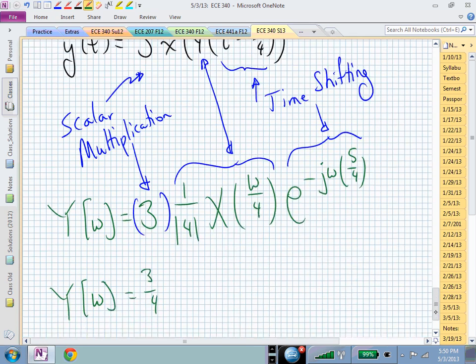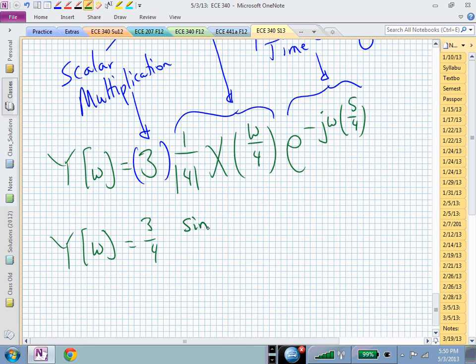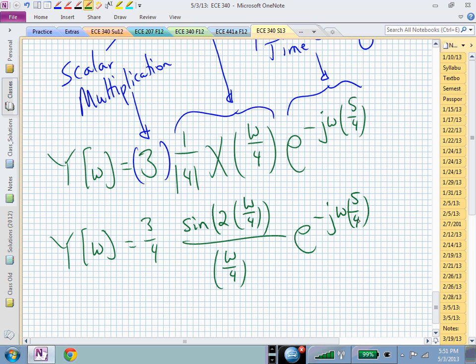So we have sine of, what did we start with? 2 omega, so we have 2, and then we replace omega with omega over 4. And downstairs we had omega, and we replace that with omega over 4. And we have e to the minus j omega times 5/4.